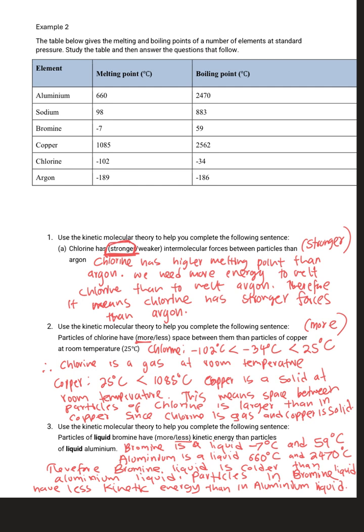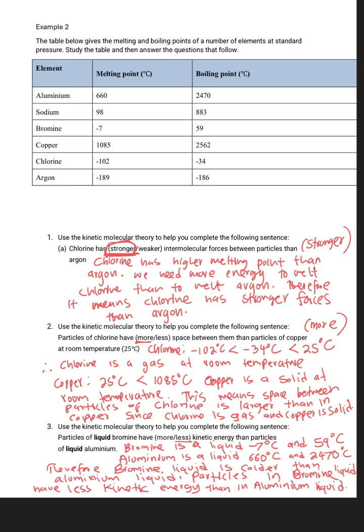And the reason is that when we compare the temperature at which bromine will exist as a liquid to that of aluminium, bromine will be much colder than aluminium, because bromine exists as a liquid between -7 degrees Celsius and 59 degrees Celsius, while aluminium exists as a liquid between 660 degrees Celsius and 2470 degrees Celsius.